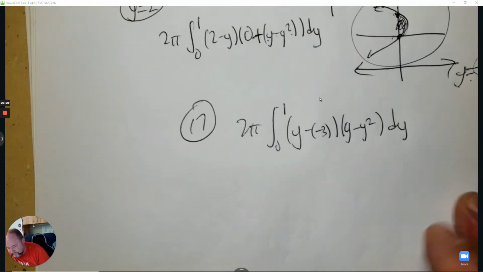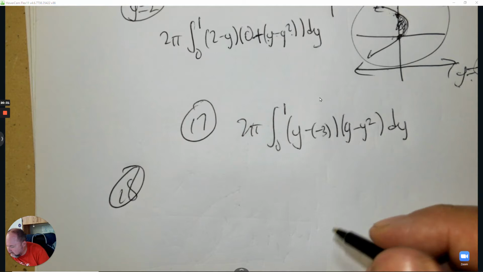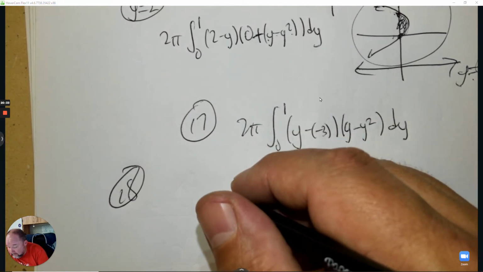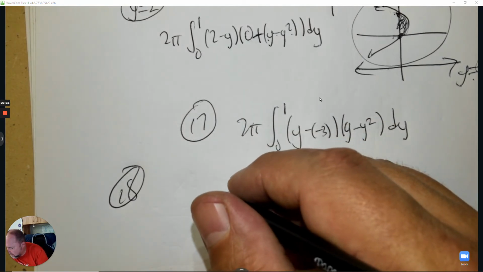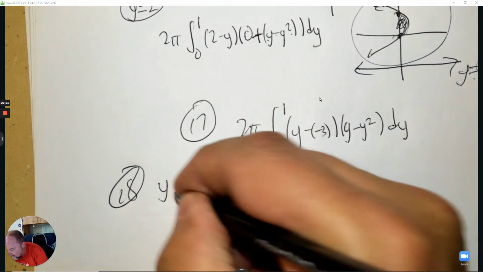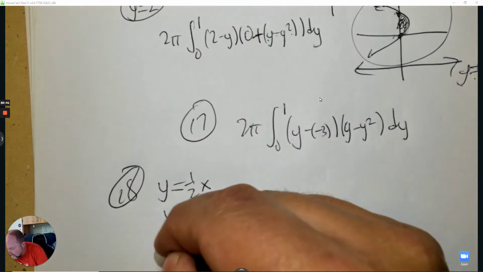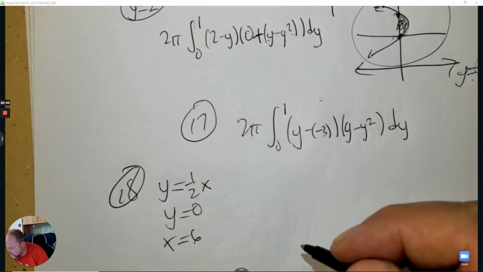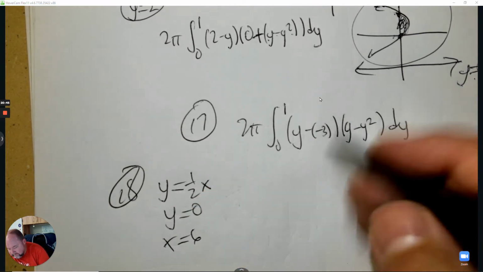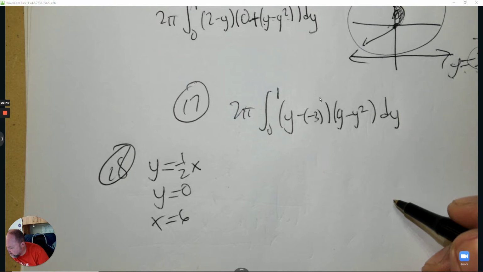Number 18. It says set up integrals, don't integrate, which could be used to find the volumes formed by revolving. So we have y equals 1/2 x, y equals 0 and x equals 6. So let's start there.